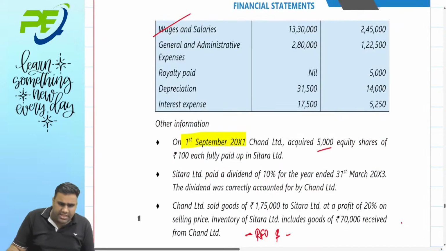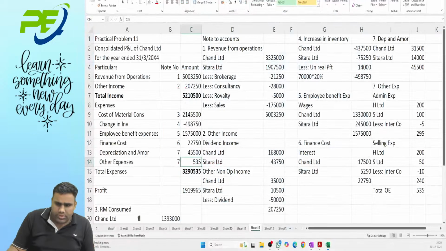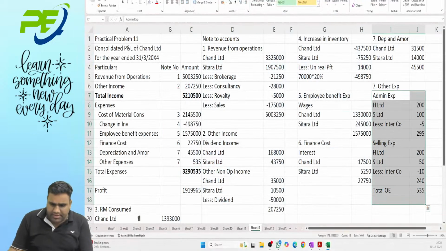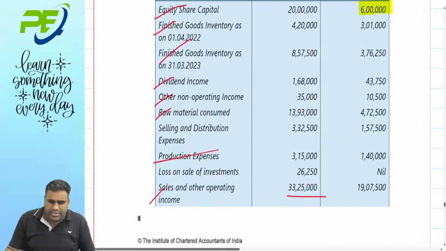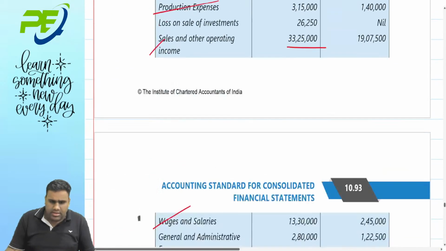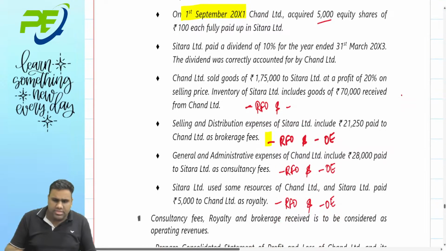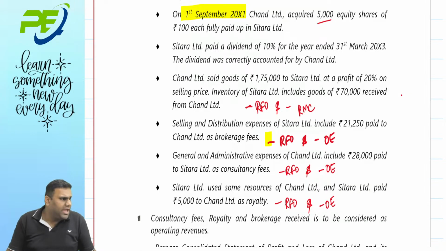And finally other expenses. This we have reduced from raw material consumed. So these three intercompany owings we have to subtract.